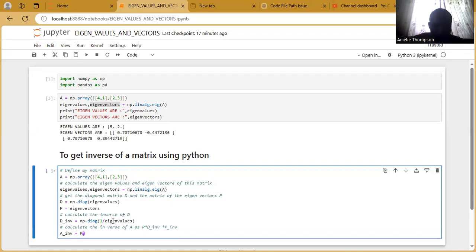Then D inverse. I'm just going to come here, copy the D inverse, Control C, and drop it here, Control V, and then I bring my assignment sign again. Then I'm going to do NP, the inverse of P, because I did not define it there.